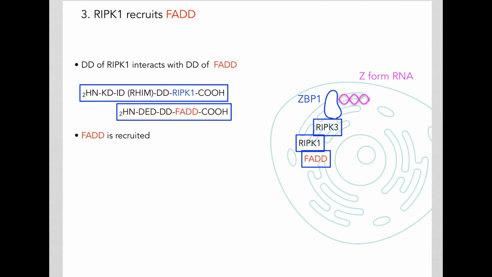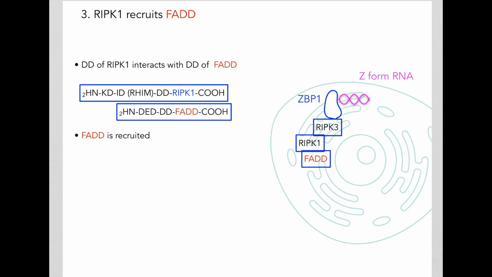Now, if you recall, RIPK1 has a death domain or DD. So the death domain of RIPK1 now will interact and recruit FADD, because FADD also has the death domain. So this death domain interaction will cause FADD to be recruited by RIPK1 towards the receptor.